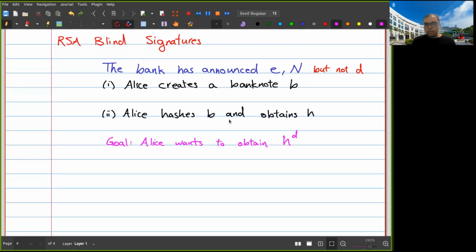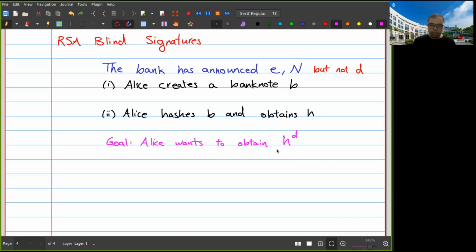But at the same time, she does not want to disclose either B or H to the bank. We don't even want to leak the hash to the bank, because when we later pay Bob, Bob is going to give back this signature to the bank, and we don't want the bank to be able to track it back to Alice.